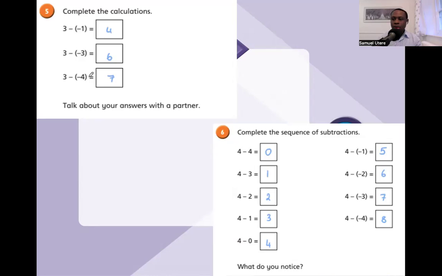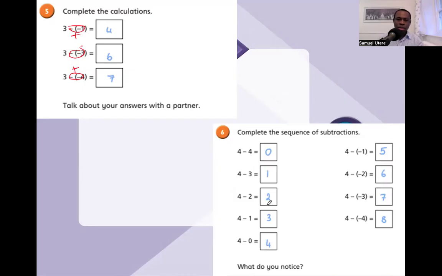Now, remember what I showed you at the start of the lesson, in our example during the lesson. These two will become positive. These two will become positive. So that's like saying 3 plus 1, 3 plus 3. These two negatives will become positive next to each other. So 3 plus 4 is 7.